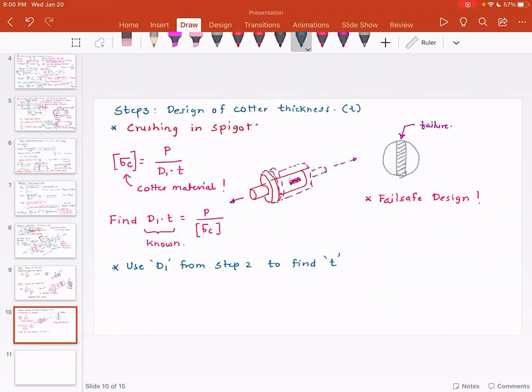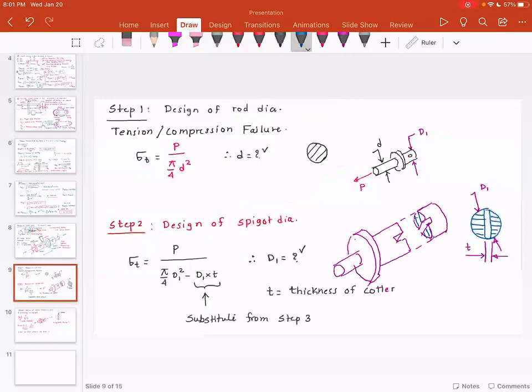So if you look at this procedure, since the failure area comprises two unknown dimensions, one is d1 and the other dimension is t, you will have to go a little bit back and forth in this design process so you can find out both these dimensions. So quickly, to find out the spigot dia and quarter thickness, you will substitute the value of P.